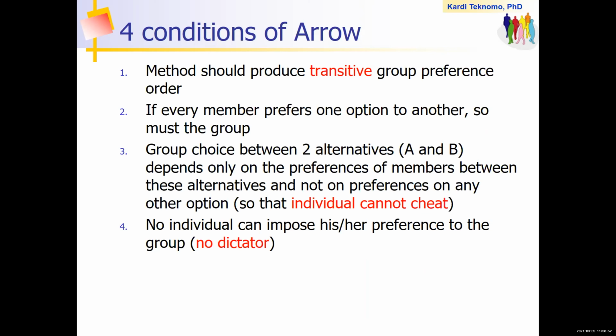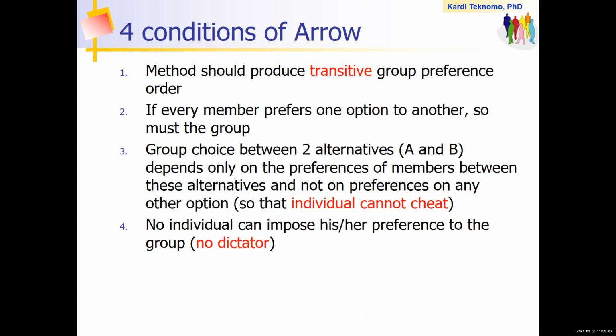Third, the group choice between 2 alternatives, A and B, depends only on the preferences of the members between these alternatives and not on the preference for any other option. Meaning the individual cannot cheat. Number 4, no individual can impose his or her preference on the group. So there is no dictator.